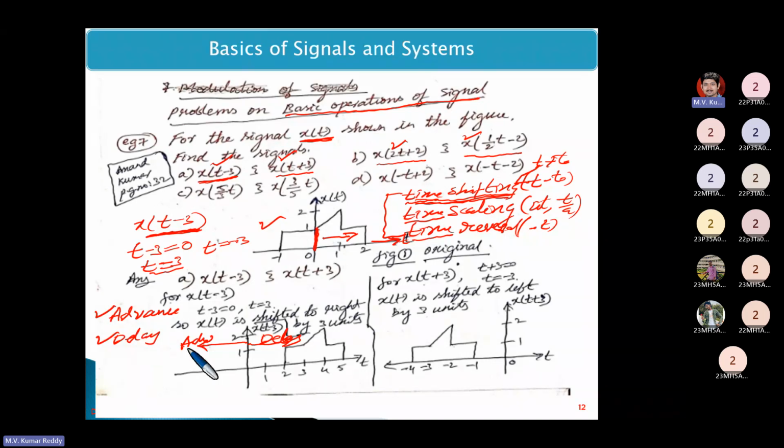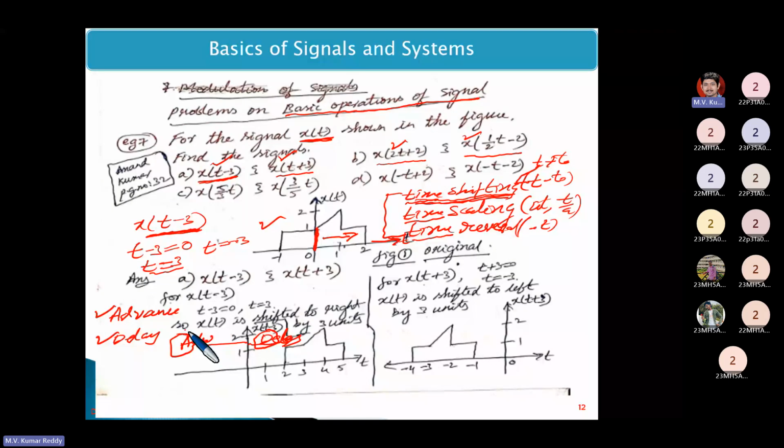So remember like this: A is the first letter, D is the next letter, so first A comes and later D comes. Left side A, right side D.